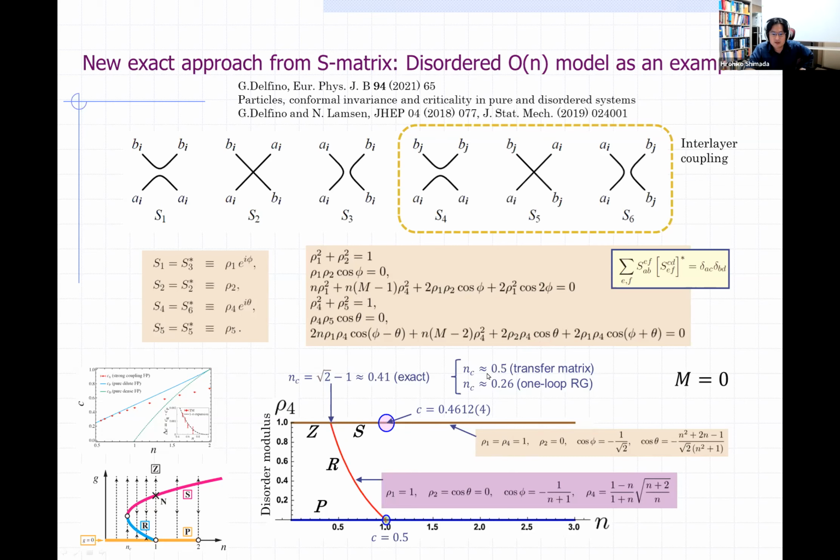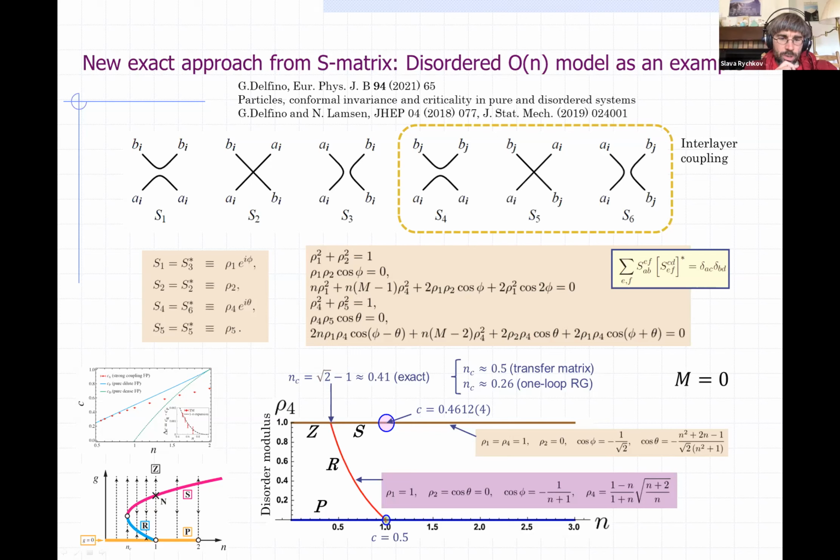By transfer matrix, it's about 0.5, and by conformal perturbation theory, it's like 0.26. But very interestingly, they find the exact value, that's square root of something minus 0.1. It's for N-coupled models, so maybe this method may also be used.